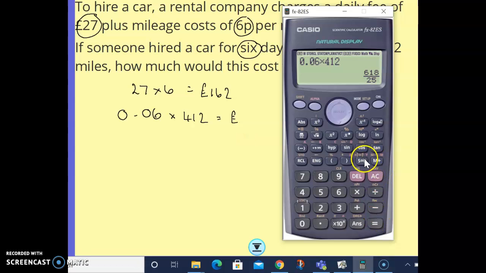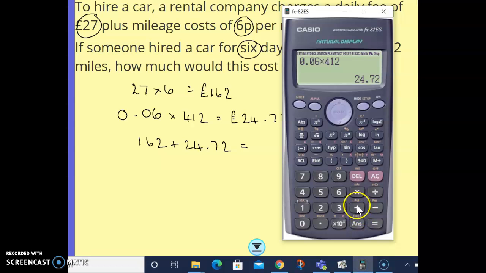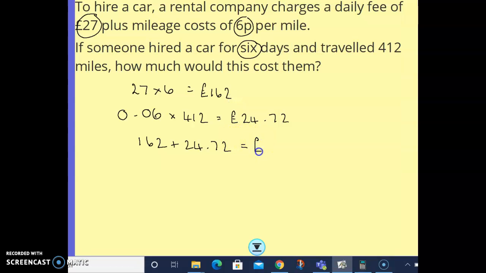We get £24.72. And then we need to add the two together, which is 186.72.